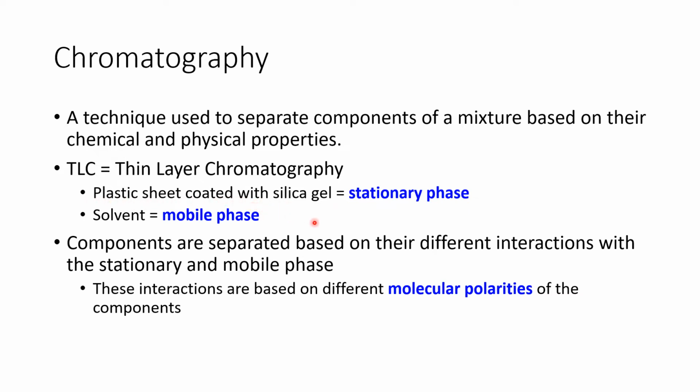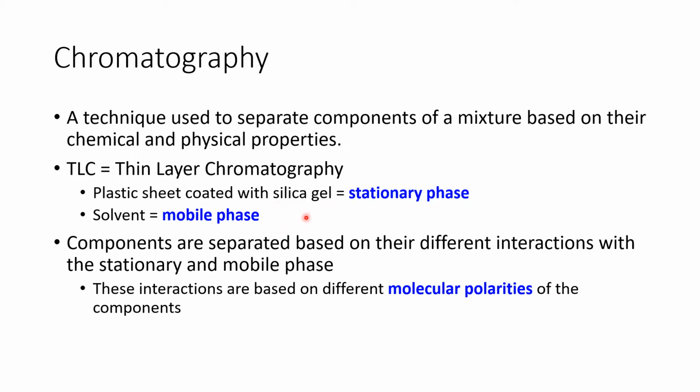Although there are different types of chromatography, the principle behind them is the same. Components are separated based on their different interactions with the stationary and mobile phase. For example, for thin layer chromatography, the stationary phase, which means the phase that's not moving, is the silica gel.